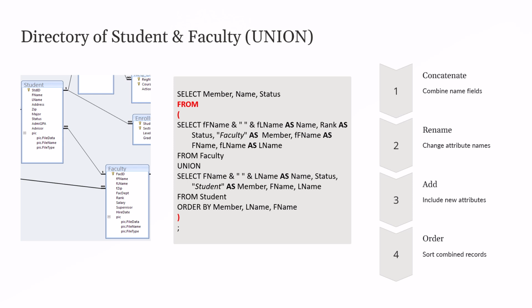And then we add a member label, faculty or student, to track the source. Finally, we order the results by member type, last name, and first name. This is a great pattern when you want a unified view from structurally different tables.